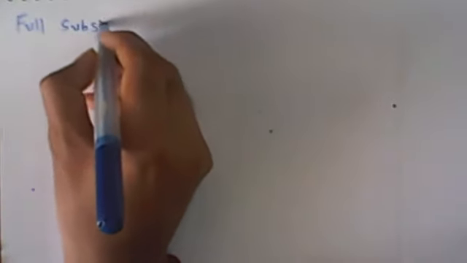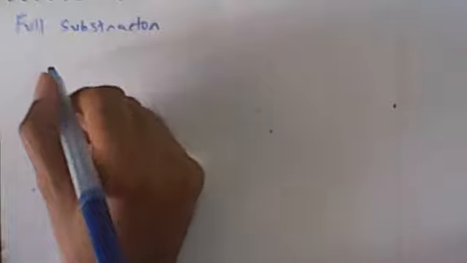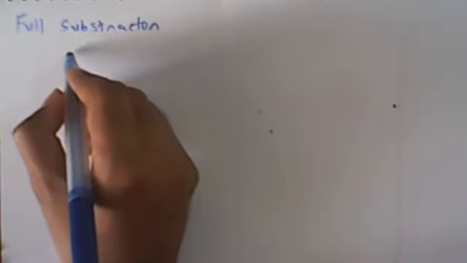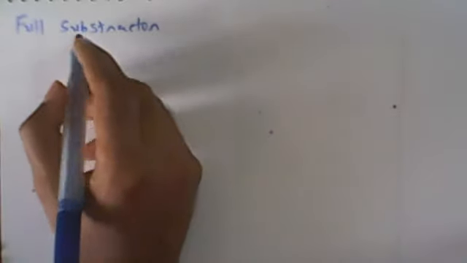Our next combinational circuit is the full subtractor. So in a full subtractor, it is 2-bit subtraction with the previous stage borrow. So it is called a 3-bit subtraction.